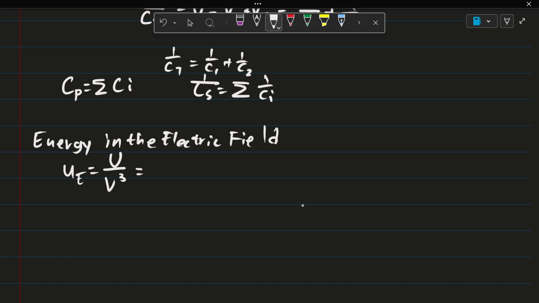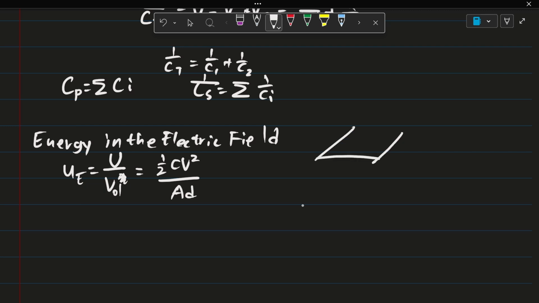So, oh wait, volume cube? No, it's just volume. This is volume. There you go. So, the U itself, we have already figured that out. It's half CV squared. And for the volume, if we actually compute it, it should be A times D. And why is that?